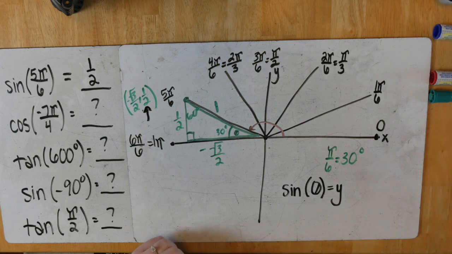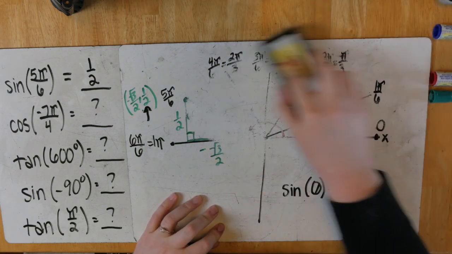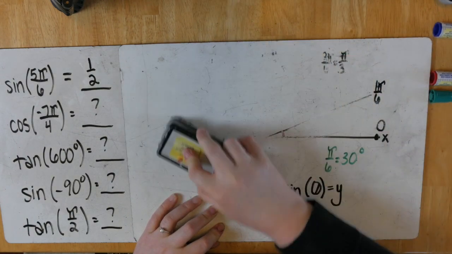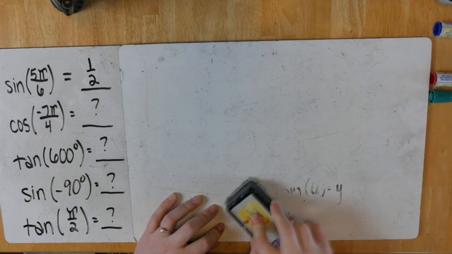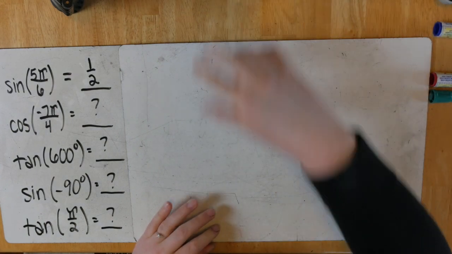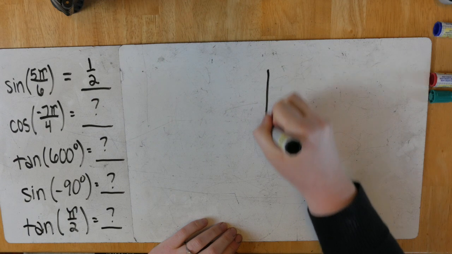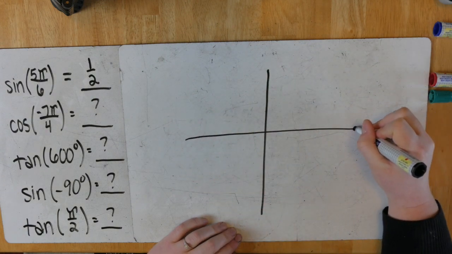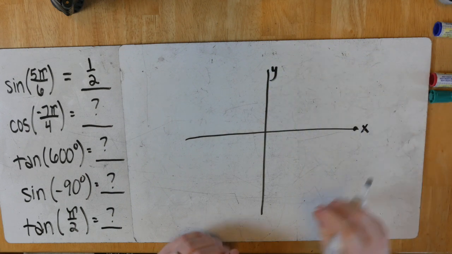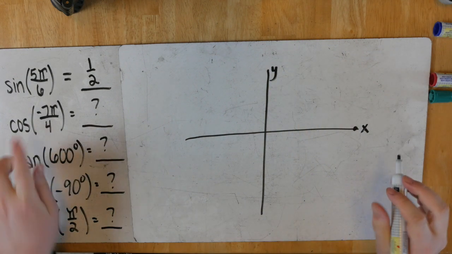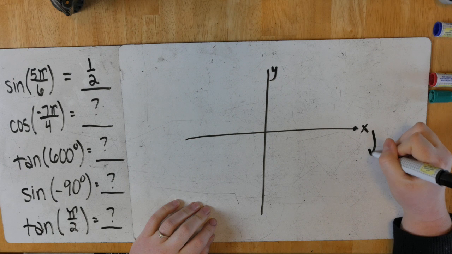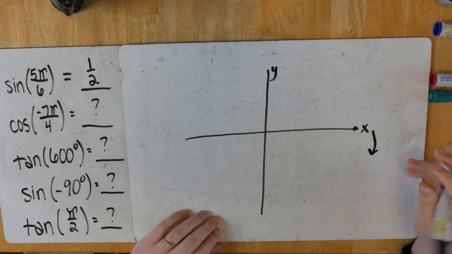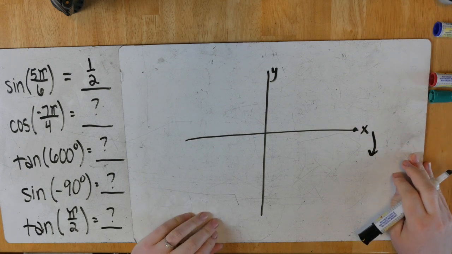All right, moving on. Next, we're going to look at the cosine of negative 7 pi over 4. Again, we're going to start at the positive x-axis, and negative 7 pi over 4 is a negative angle, which means we're going to go clockwise to have a negative measured angle.